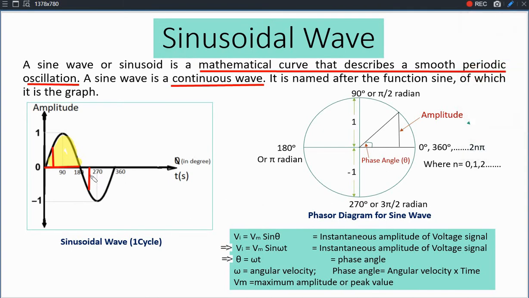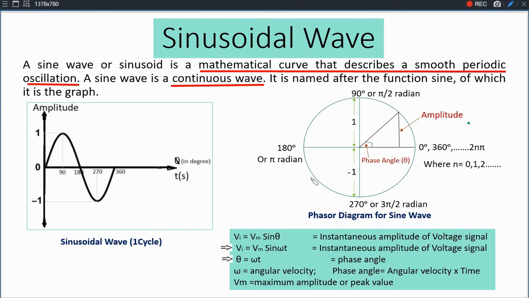So here you can watch that for 180 to 360-degree angles the values are negative. So this is the negative half cycle. So in this way we have to keep in mind the positive side and negative side, and we are now going to draw the diagram in phasor form, which is also known as phasor diagram.